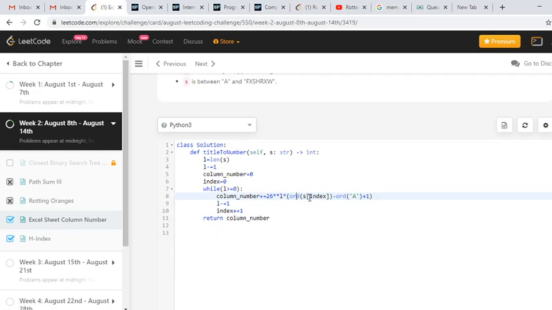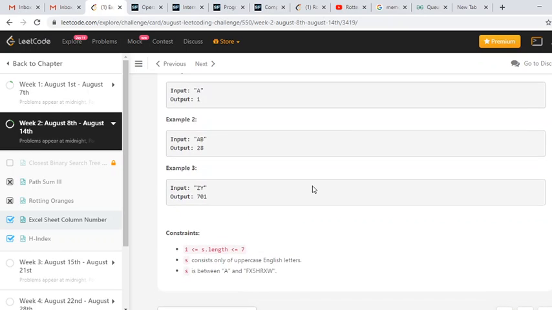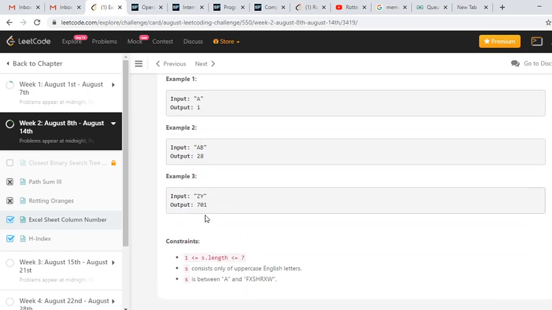S of index will give us that character, and after that I subtract ord of A. Suppose S of index is A, so ord of A minus ord of A cancels out, and adding 1 gives the original value of A, so the value of A is 1.